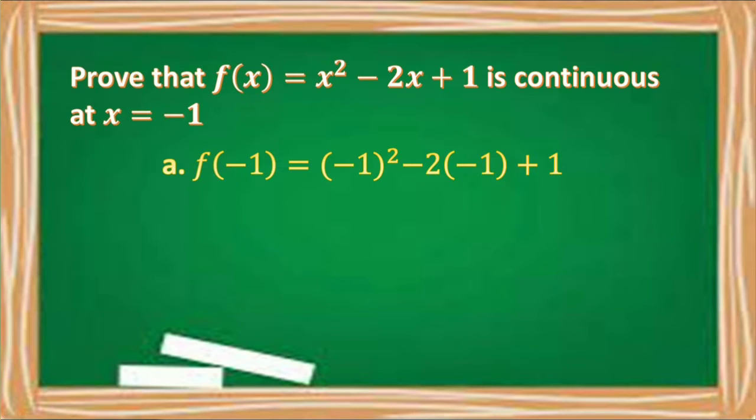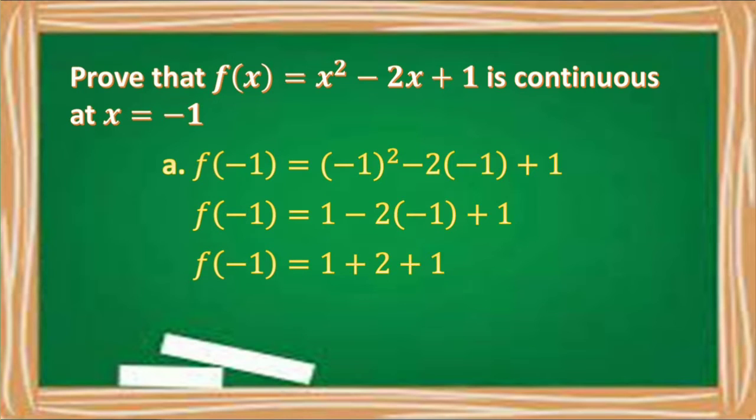So we have f of -1 equals (-1) squared minus 2 times -1 plus 1. This is equal to 1 plus, so -2 times -1 is +2. So 1 plus 2 plus 1 is 4. Therefore, f of -1 equals 4.